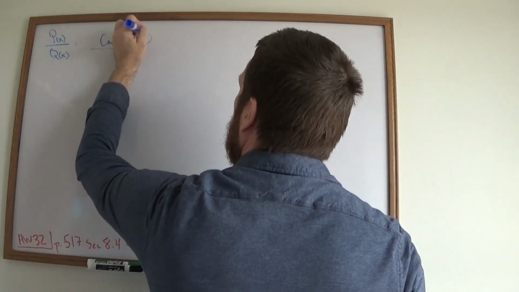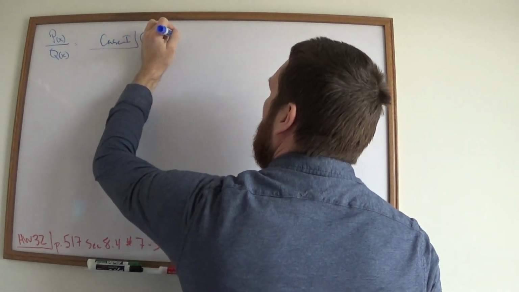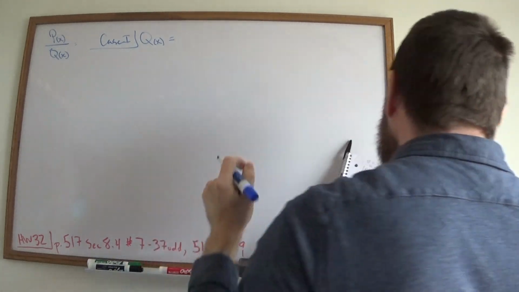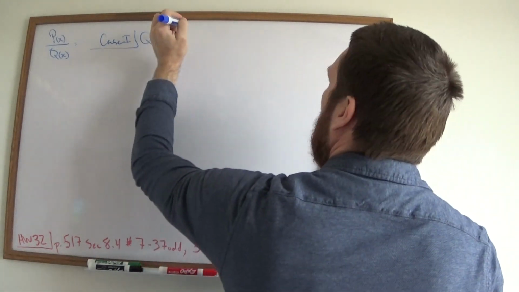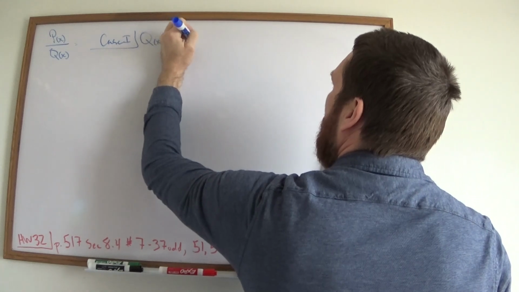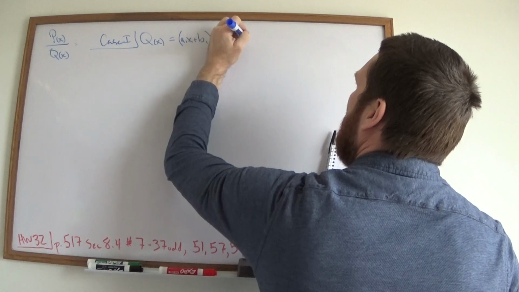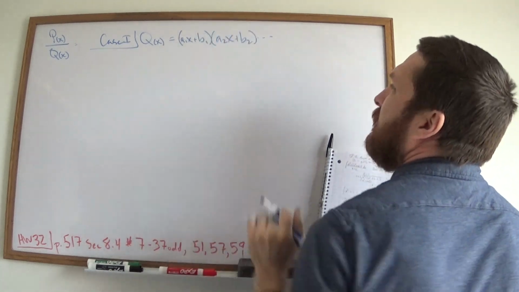Case 1 is where q factors into distinct linear factors. So a1x plus b1, a2x plus b2, and so on.